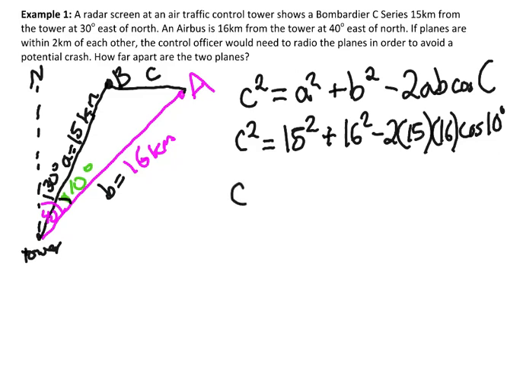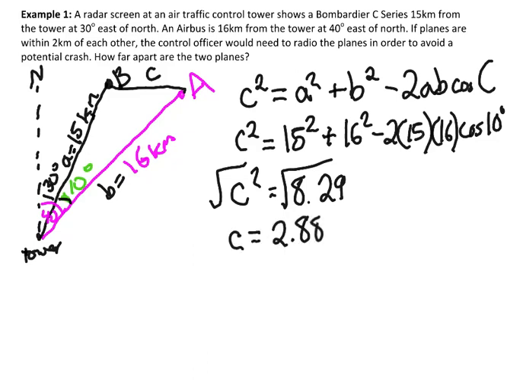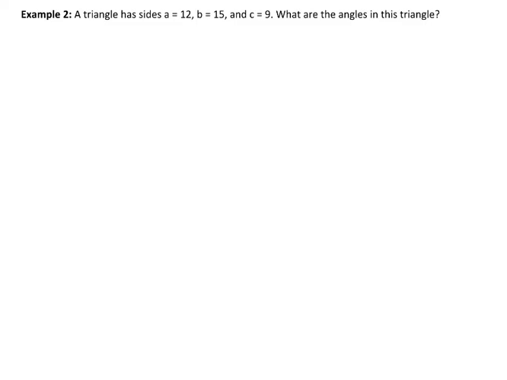And that gives me c squared equals 8.29. And then I need to square root both sides to get c on its own. And that gives me c equals 2.88 kilometers. So that means we're good. The planes are more than 2 kilometers apart, so we're not worried about them crashing. So that's a good thing.